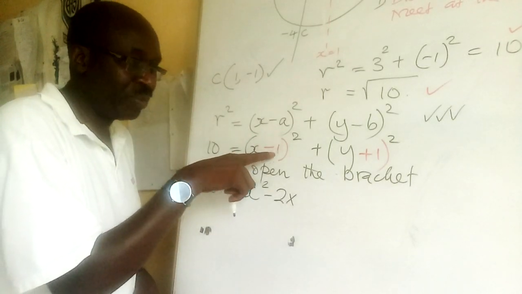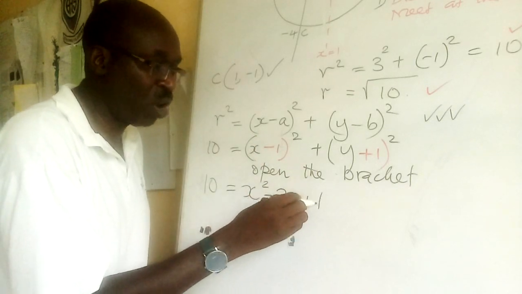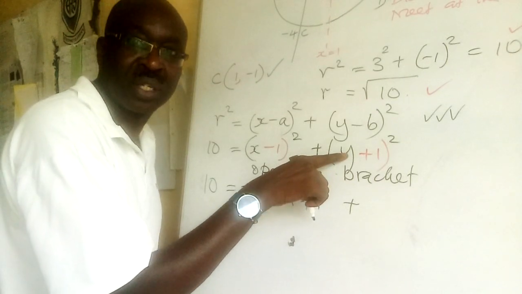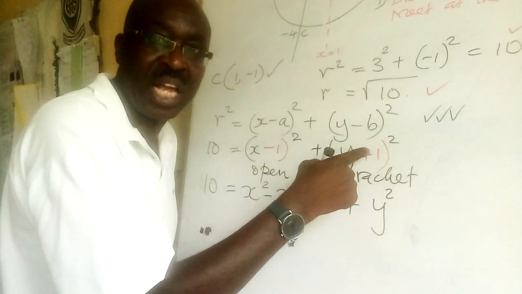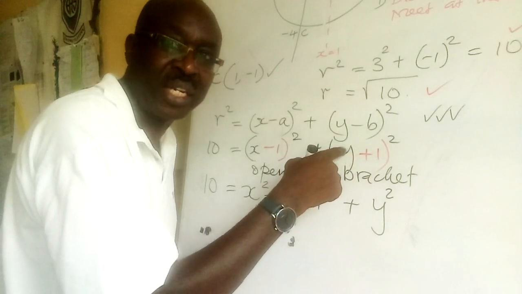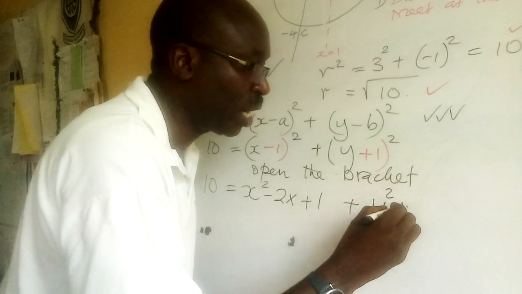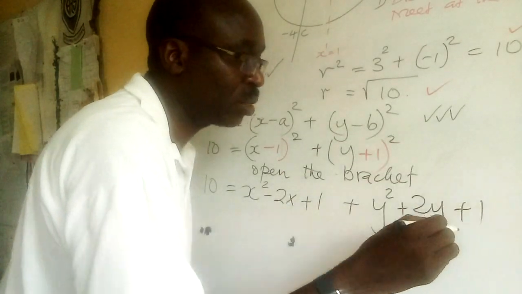The third term is this in red squared, which gives us 1. Then plus. The first term in bracket squared, y squared. Then product y times +1 is 1y times 2, plus 2y. And then the last term is the red squared, which is +1.